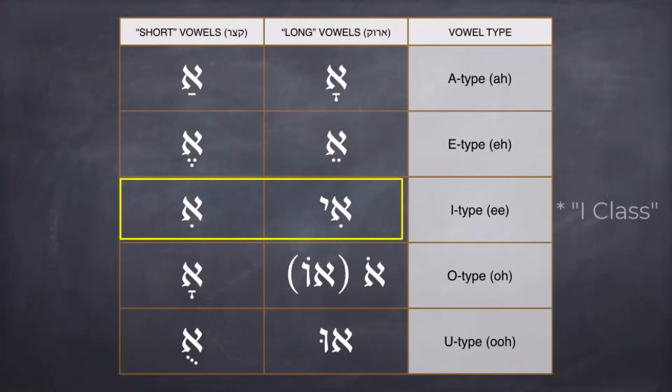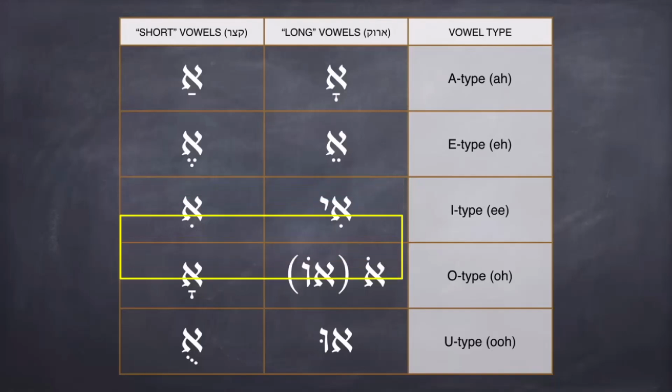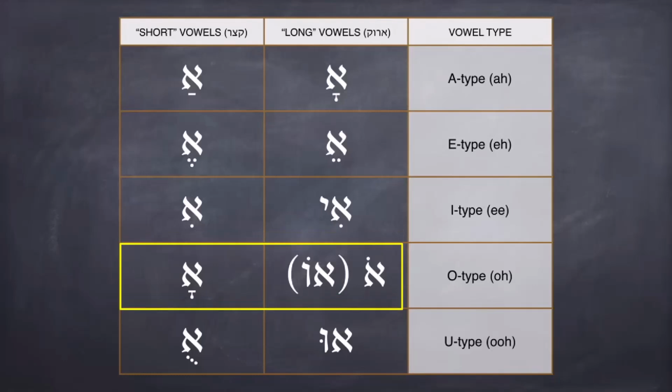On the E class vowels, you have the hirek yod, and hirek yod is long. It's that E sound, that long E sound. And on the short vowels, you have the hirek. So hirek is short. When you come down, you have the O class vowels, the ones that are making O sound. On the long vowels, there are two.